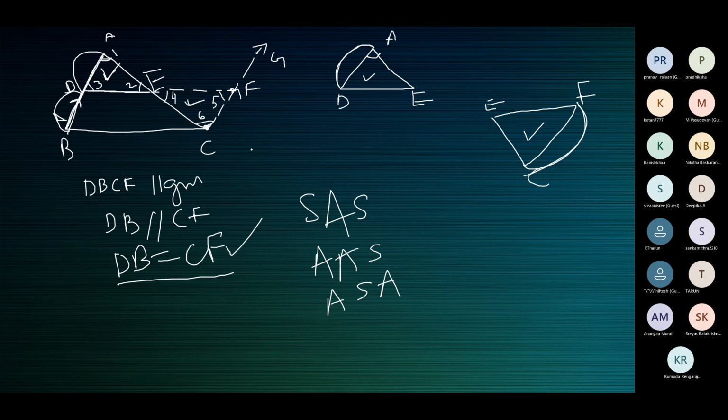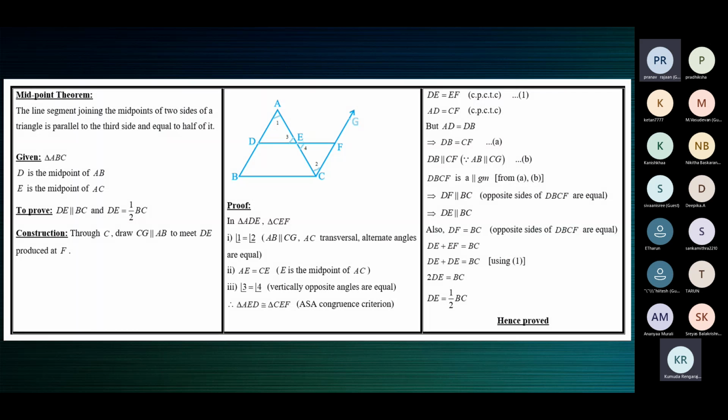Tell me, can we find a pair of alternate interior angles? Ma'am, angle 1 is equal to angle 6. Angle 1 is equal to angle 6. Children, don't get confused with the numbers I've used here. Ignore this.